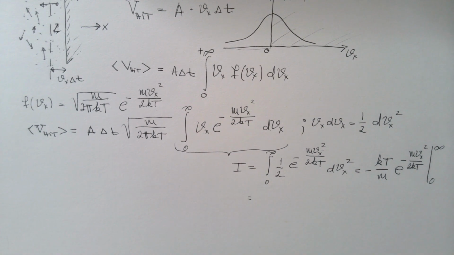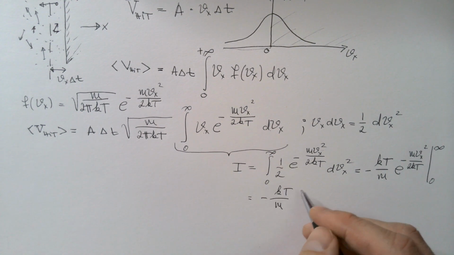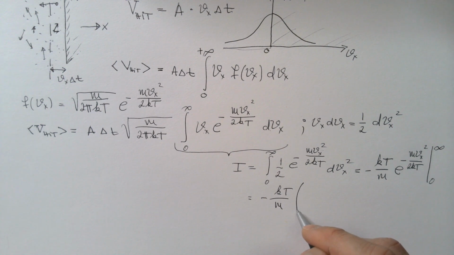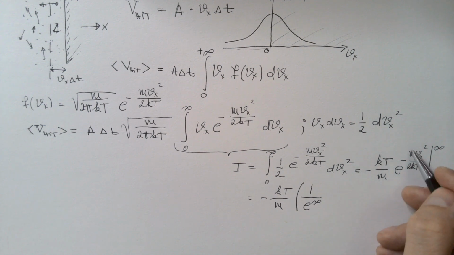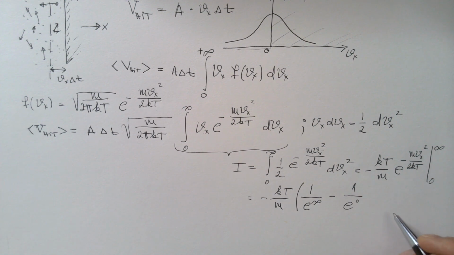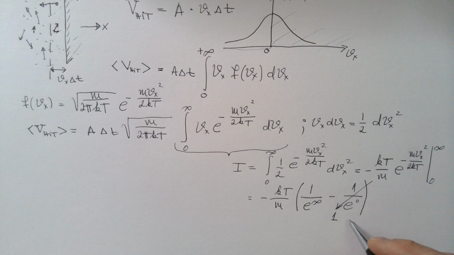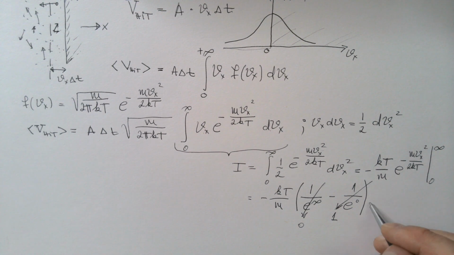This is further equal to negative kT over m times, what are we going to have here? At infinity, that's going to be 1 over e to infinity, forget about these constants, minus 1 over e to 0. This tends to 0 because 1 over infinity is 0, and the other tends to 1, because e to 0 is 1. So this minus and this minus will give me plus kT divided by m.